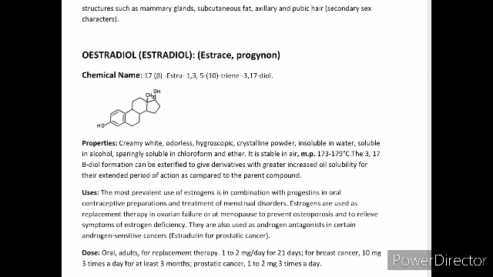They are also used as androgen antagonists in certain cancers. The dosage for oral replacement therapy is 1 to 2 milligrams per day for 21 days. For breast cancer, 10 milligrams thrice a day for at least 3 months. Prostatic cancer, 1 to 2 milligrams 3 times a day.